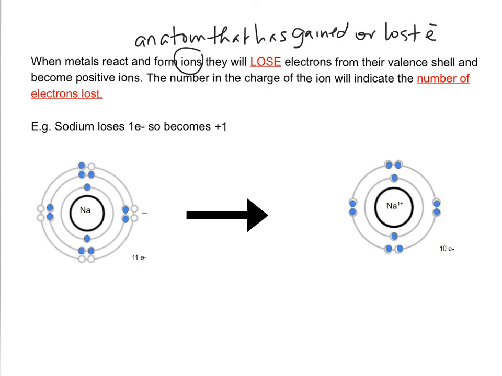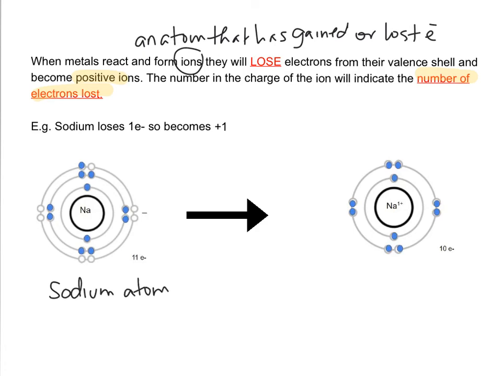When metals react and form ions, they lose electrons from the valence shell and become positive ions. The number in the charge of the ion will indicate the number of electrons lost. So on the left here, we have a regular sodium atom.